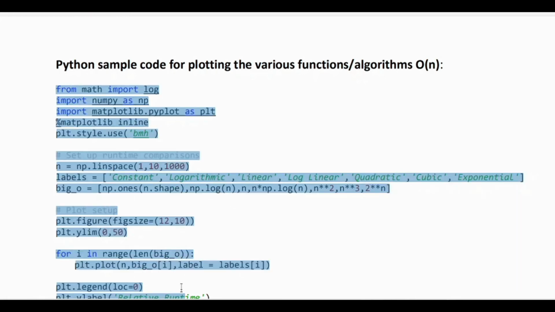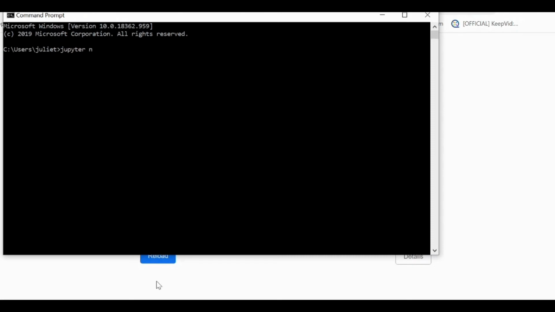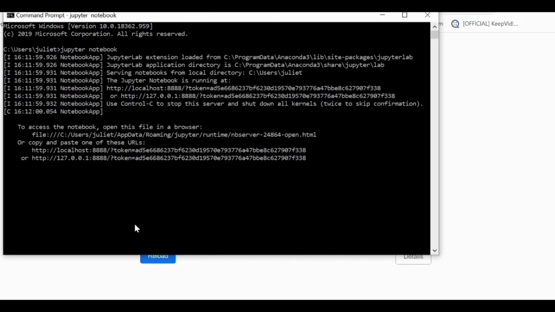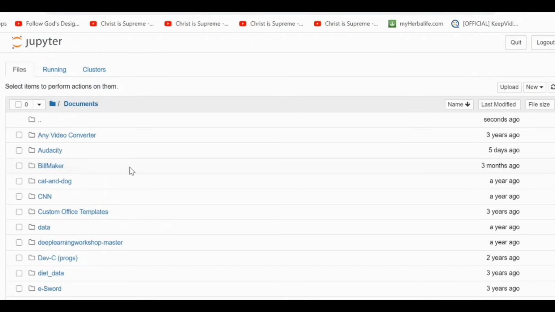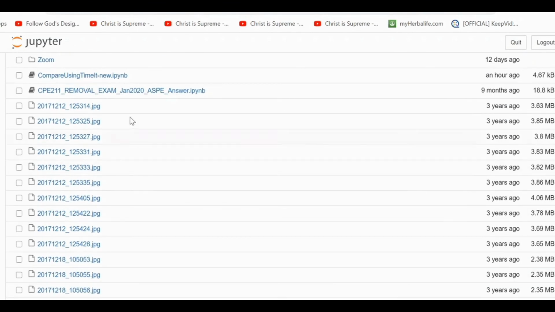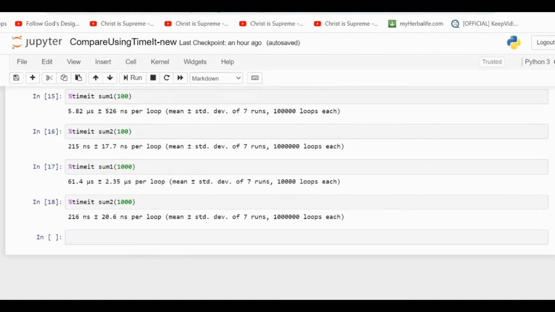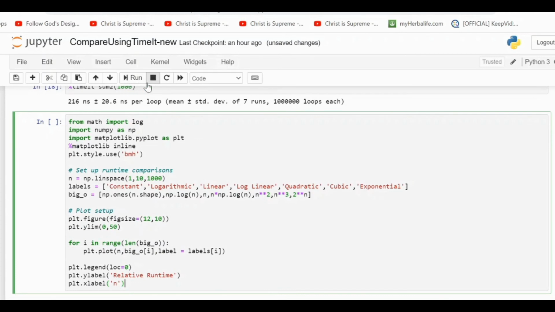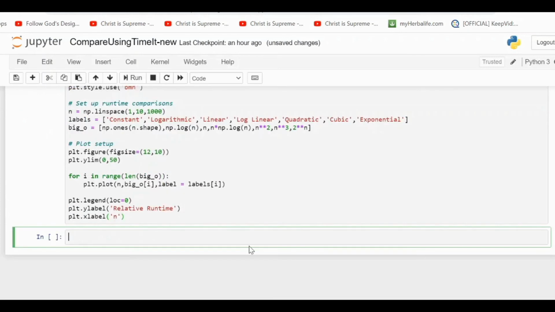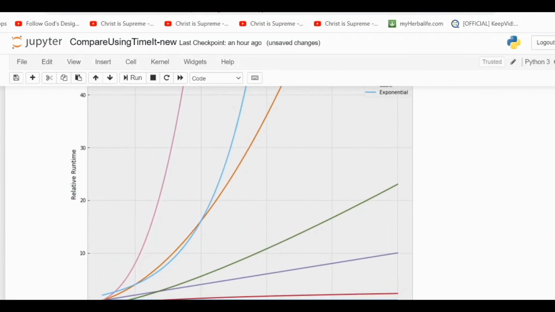So let's try to run this in our Jupyter notebook. So we paste our code here and run. Okay, so we get this output.